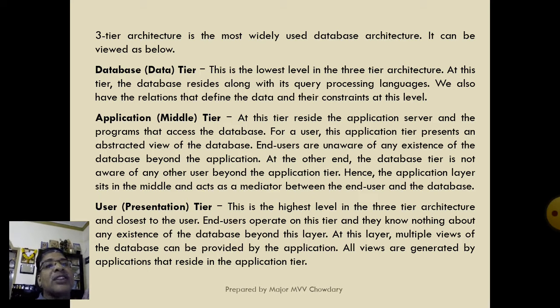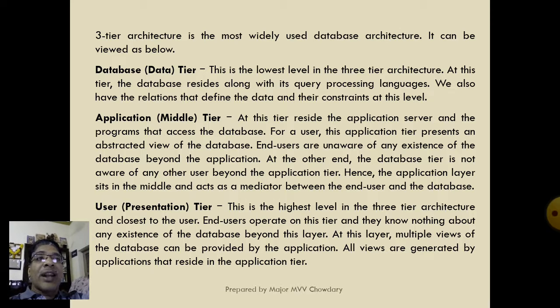In this architecture, the client application doesn't communicate directly with the database system present at the server machine. Rather, the client application communicates with the server application, and the server application internally communicates with the database system present at the server.